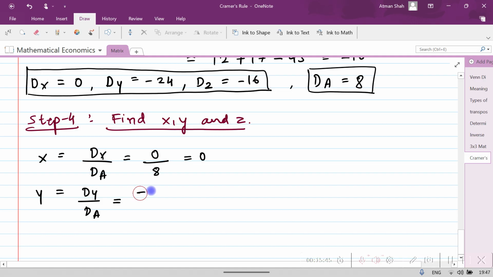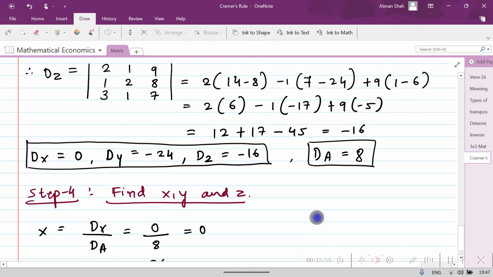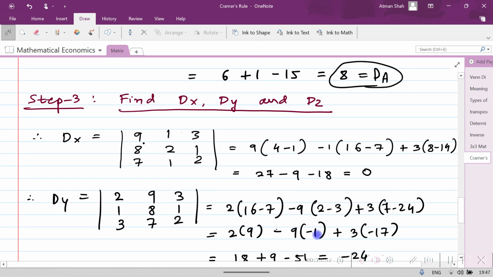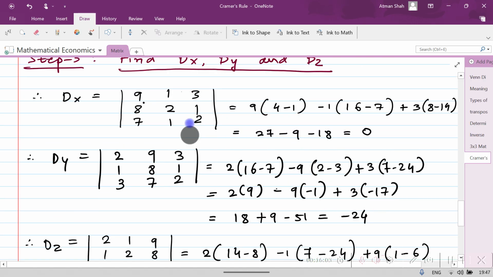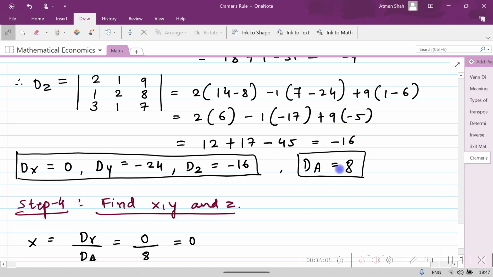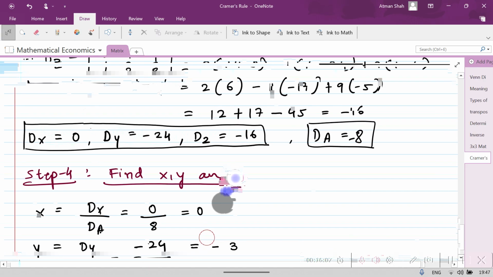So dy is minus 24, dA is 8, so the answer is minus 3. Let me check whether dA is 8 or minus 8. Sorry, this is minus 8. It is 6 plus 1 minus 15, which is minus 8. So therefore here we have minus 8.